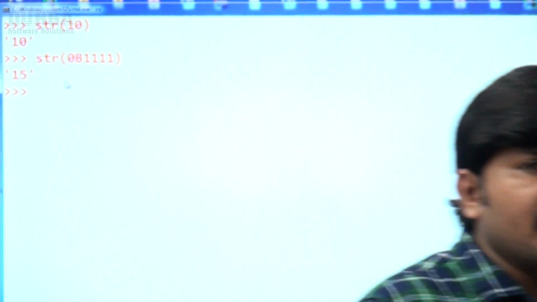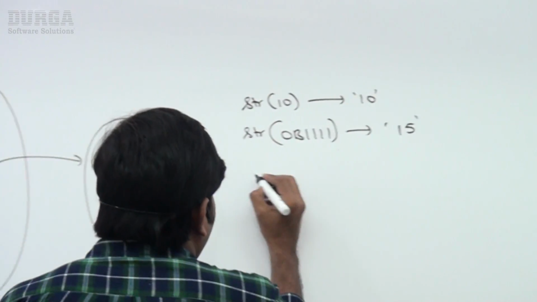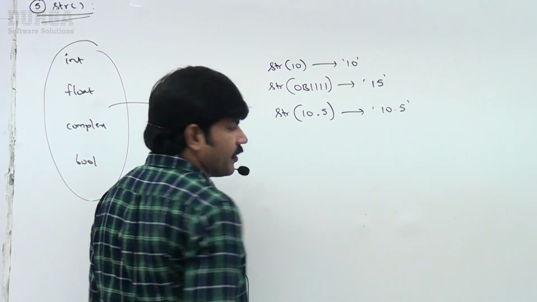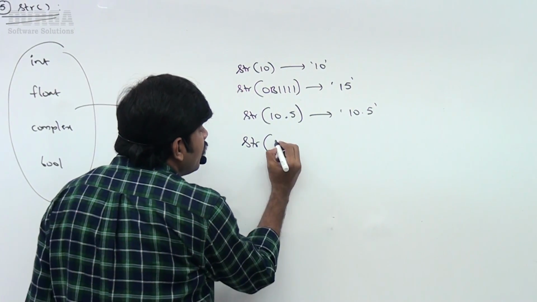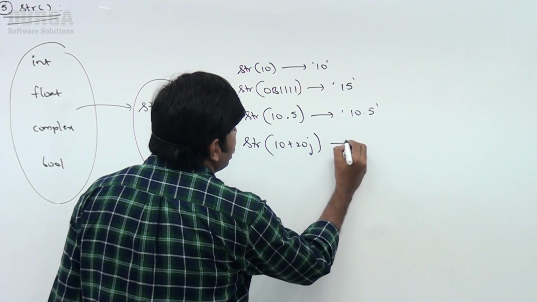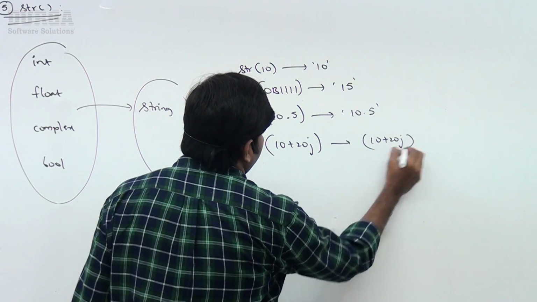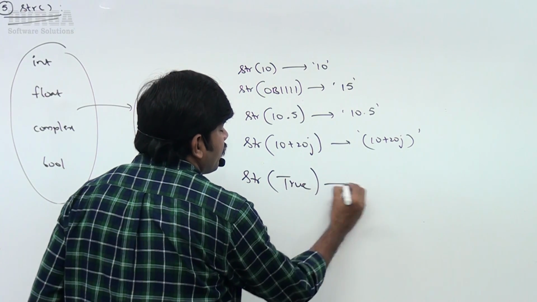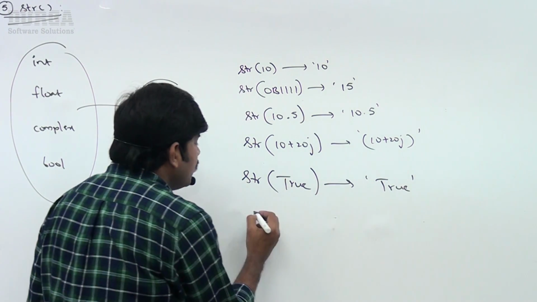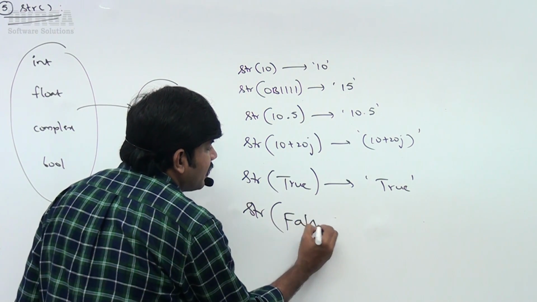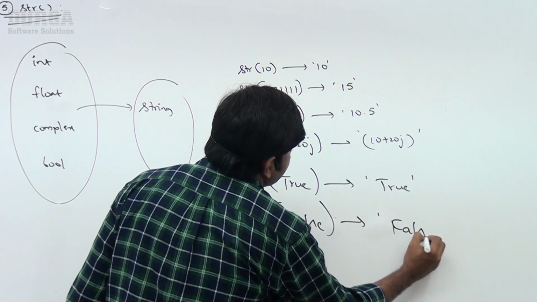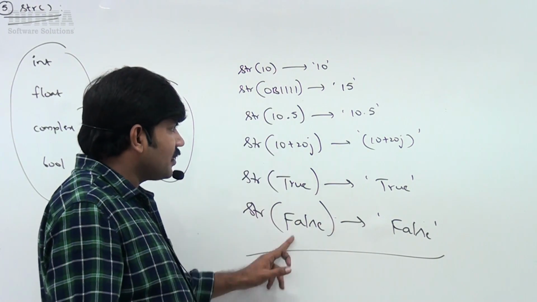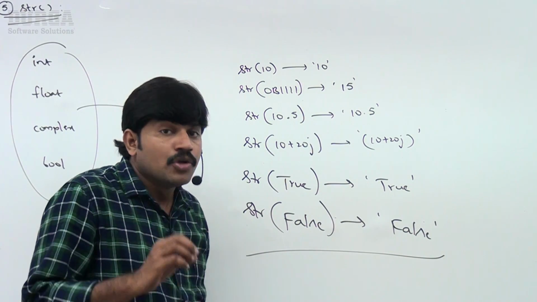The same way for the remaining cases: str of 10.5, now it will become 10.5. str of 10 plus 20j, now it will become 10 plus 20j in string form. str of true, sir, it will become true in string style. str of false, now it will become false in string style. So no rules, no internal loopholes, any type to string type we can happily convert, no restrictions, right?